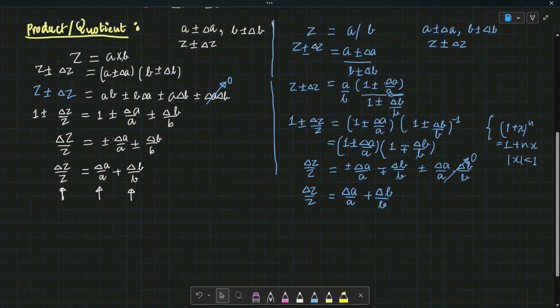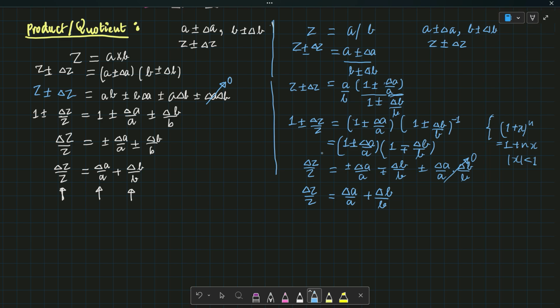Similarly, we have seen that in case of summation and subtraction, the maximum error is always the sum of both errors. Similarly, in case of product and quotient, the relative error is the sum of the relative errors of either quantity.